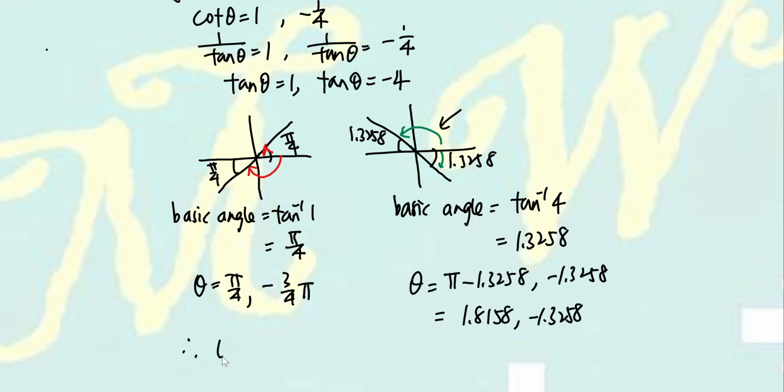So at last, your theta will be pi over 4, negative 3 over 4 pi, 1.8158, and lastly negative 1.3258. So this will be the solution of this question.